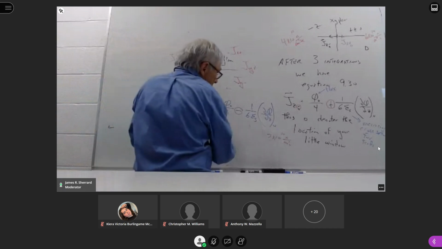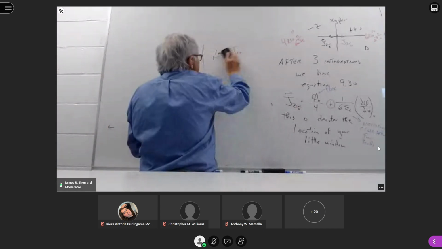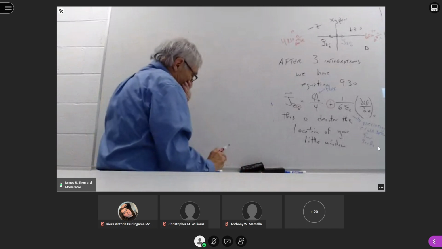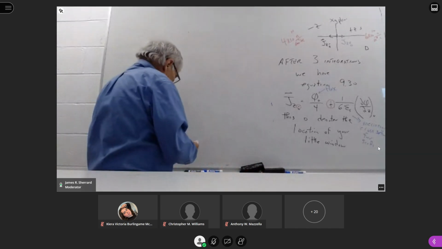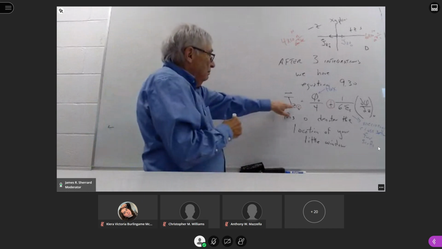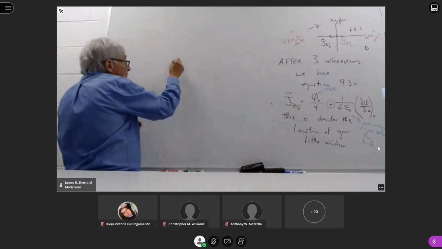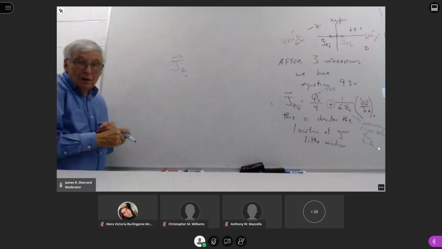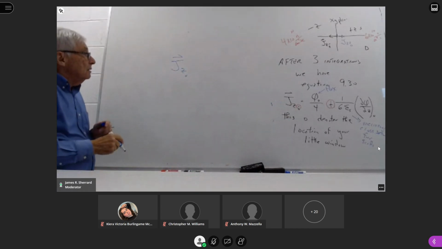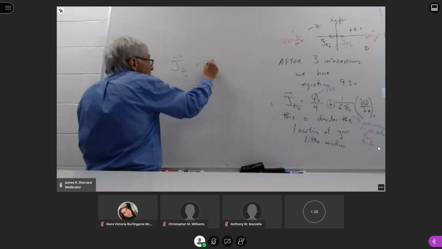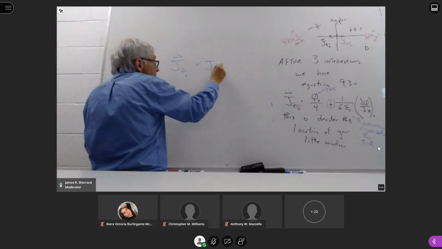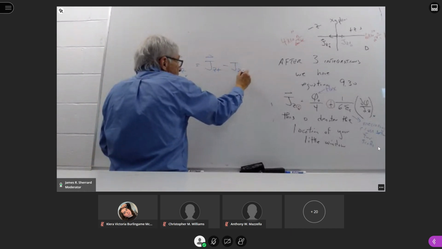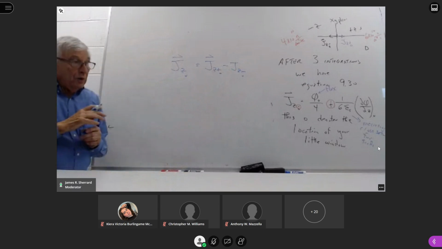If I go back, and I look at the z, we know that the total neutron density in the z direction is equal to, again, looking at our little window.